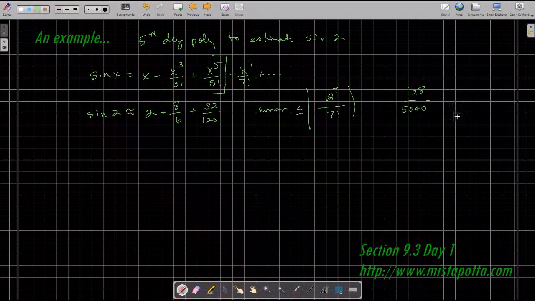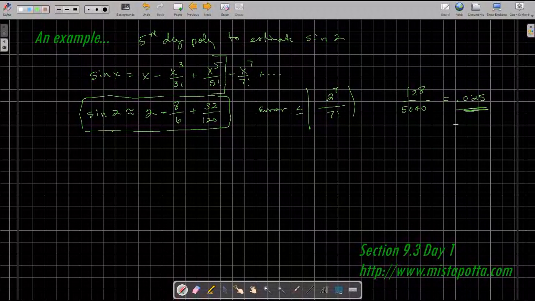And this decimal is 0.025. So in other words, the error that I get for terminating at a 5th degree polynomial to estimate the sine of 2, I'm actually less than 0.025 off. And so that's very convenient for me.